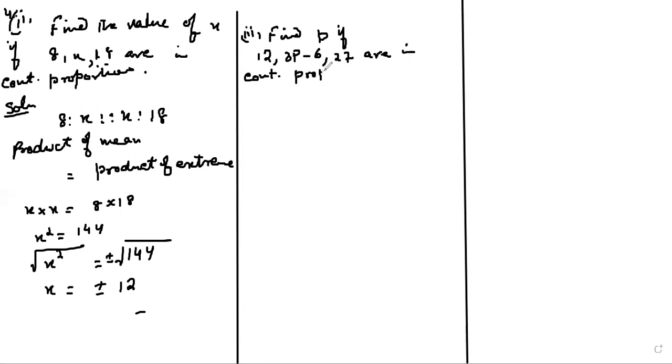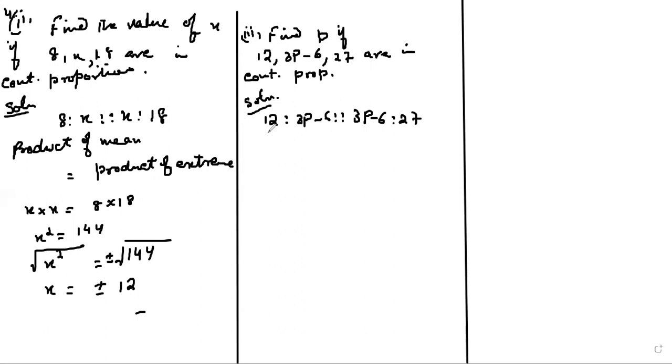Right, the solution is, if these three are in continued proportion, then 12, 3p minus 6, 3p minus 6, 27, they are in proportion.